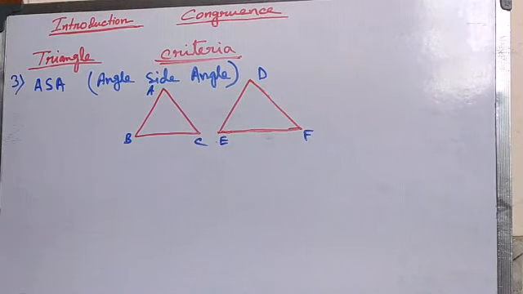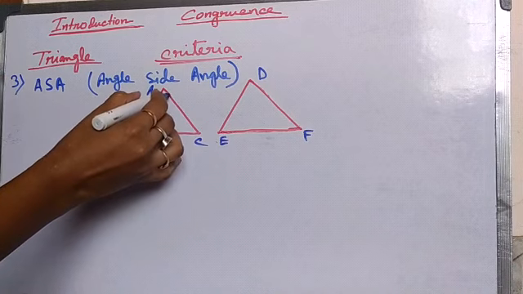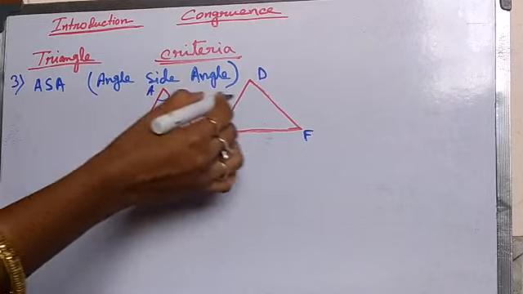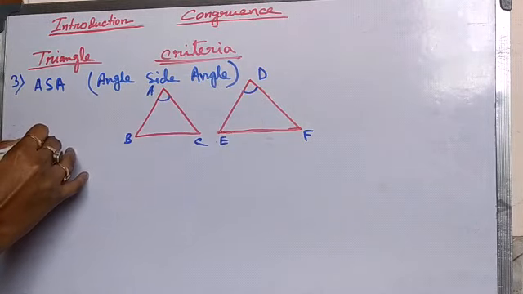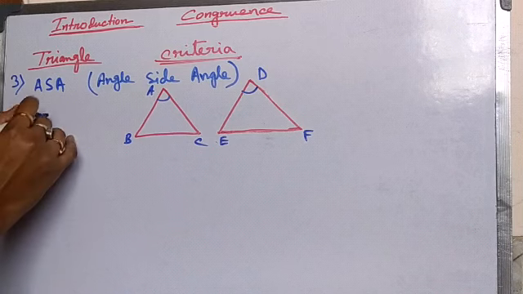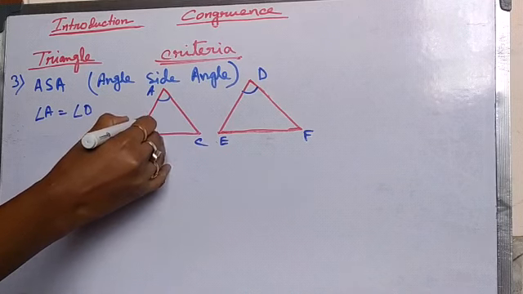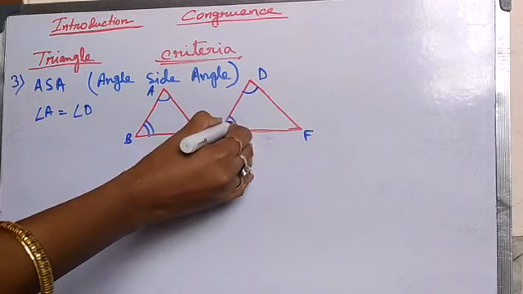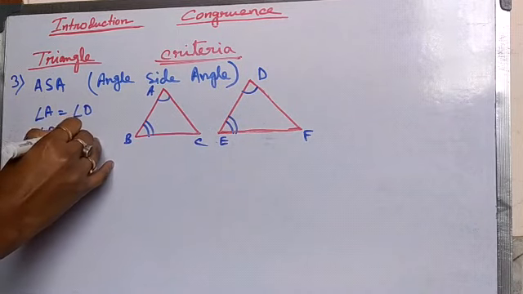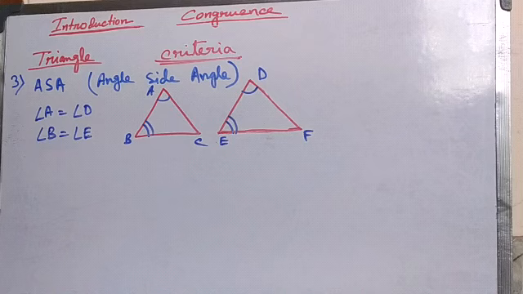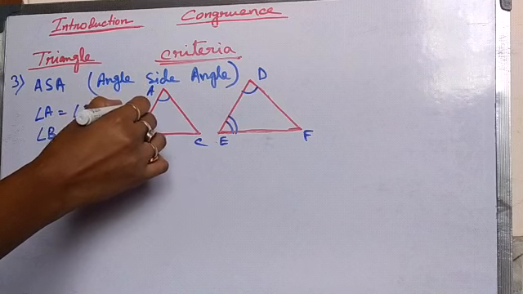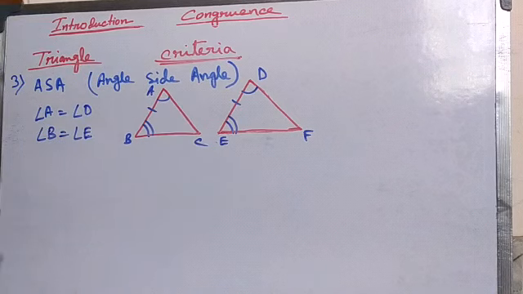If two triangles are congruent, then we can say that if angle A equal to angle D, and angle B equal to angle E, then the included side, the side in between these two angles, must be equal.